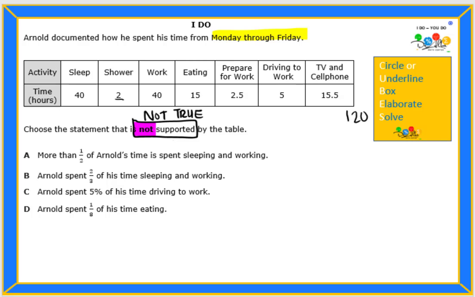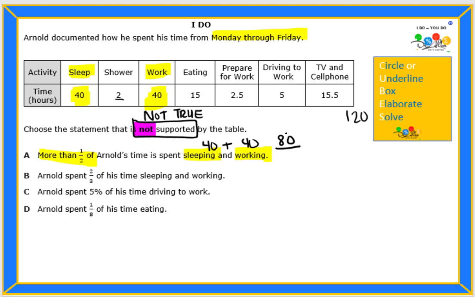Okay, we can continue. So now letter A says more than 1/2 of Arnold's time is spent sleeping and working. So we have sleep and work. Sleep and work is making up 80 hours. Sleeping was 40 and working was 40, so that's 80.